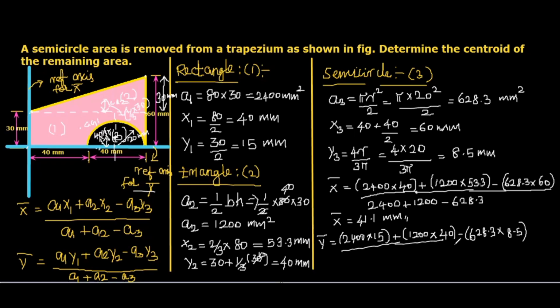The whole divided by A1 2400 plus A2 1200 minus A3 628.3. When you simplify, we will get y bar as 26.5 mm. So x bar is 41.1 mm and y bar is 26.5 mm.